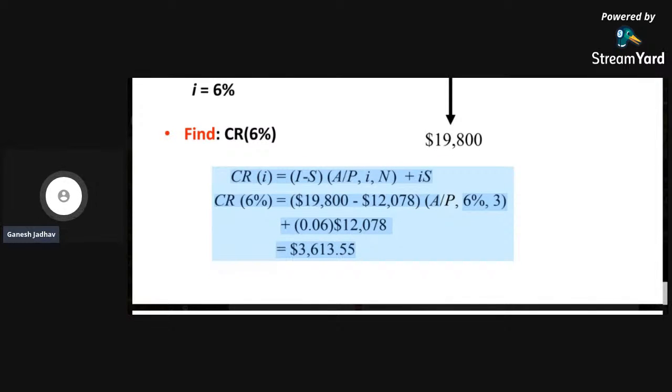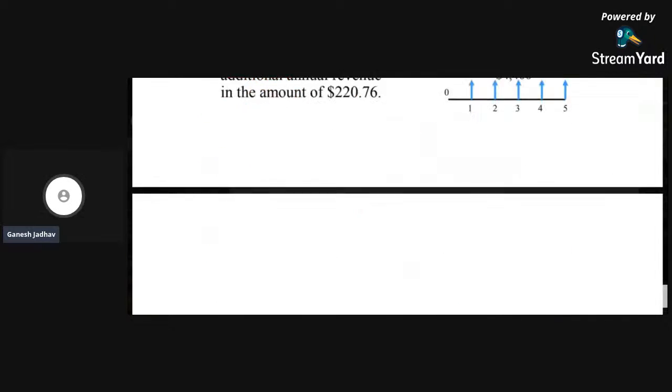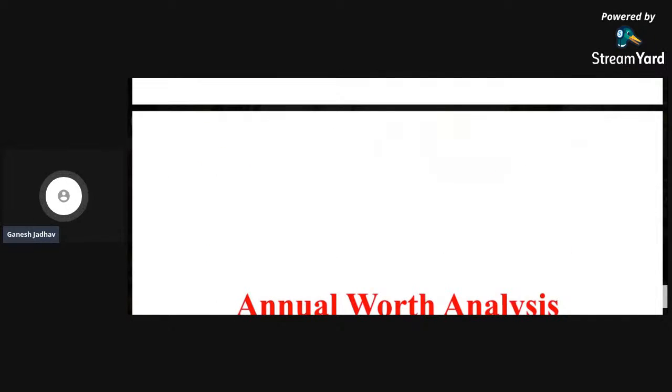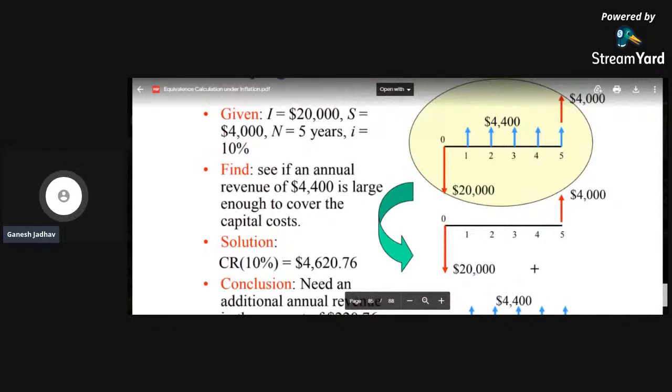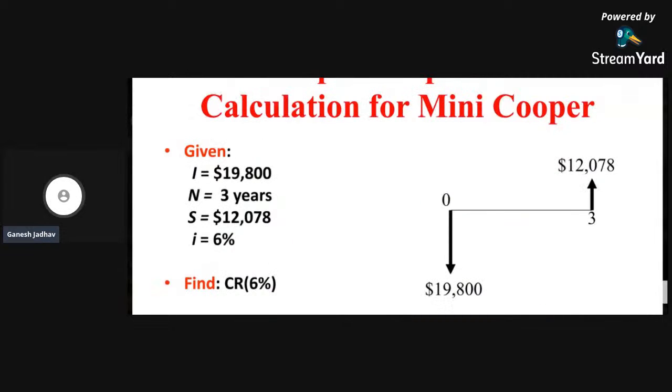So this is a simple example. This is also another example to find out the capital cost of the Mini Cooper.